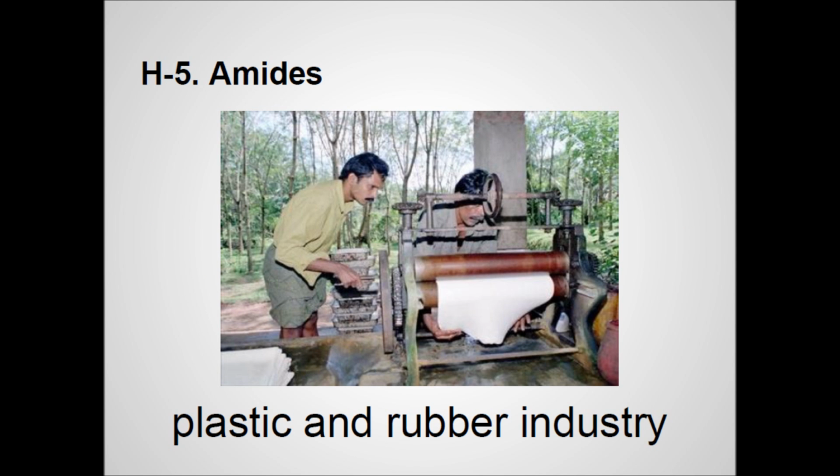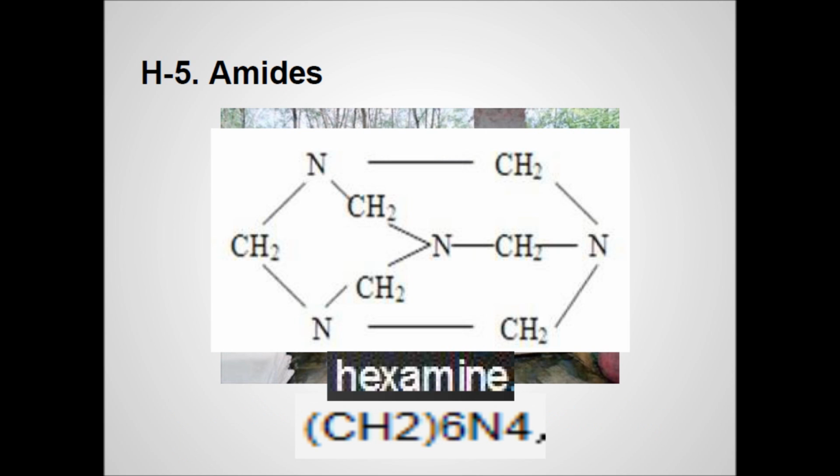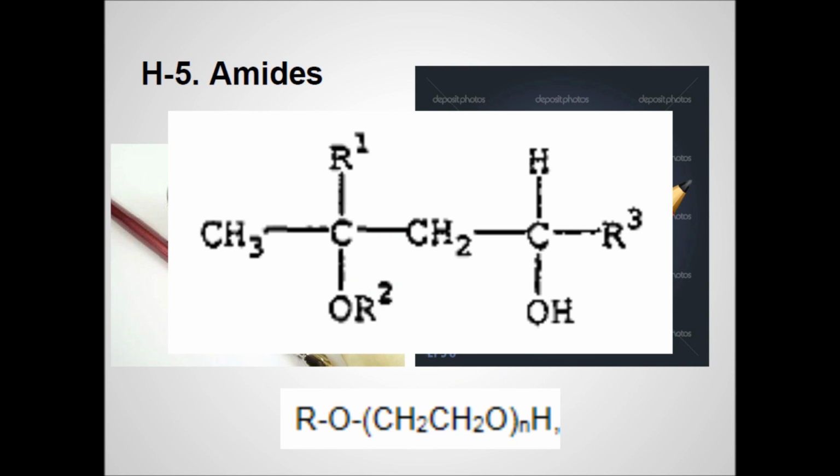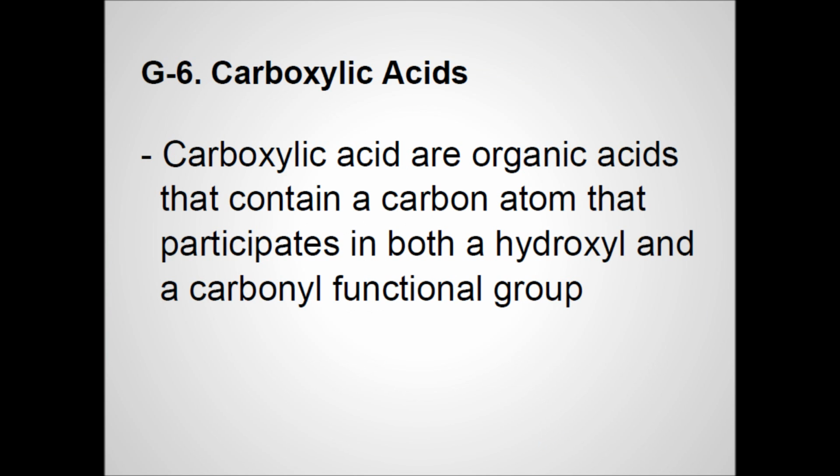The plastic and rubber industry make products which are made of amides. For example, hexamine is often used. Pencil and inks are another example of amides and are made of ethoxylated alcohol.